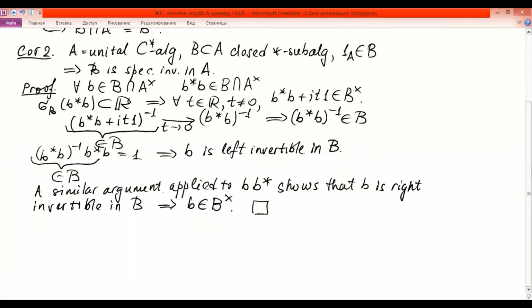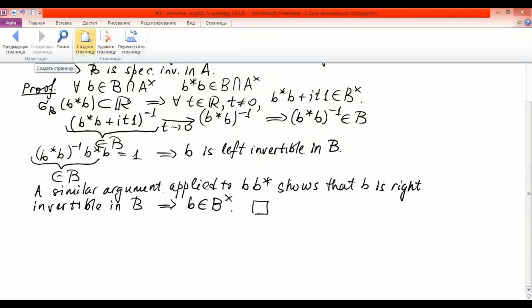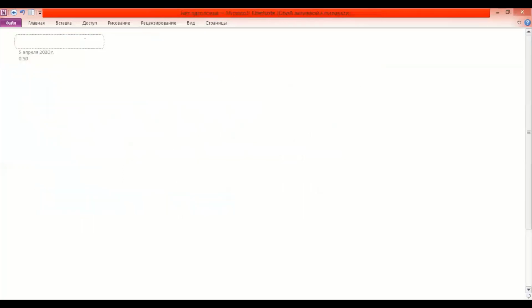Okay, now we are almost ready to prove the Gelfand-Naimark theorem. Before we can do it, let's recall a classical result from general topology, namely the Stone-Weierstrass theorem. Suppose that X is a compact Hausdorff topological space.